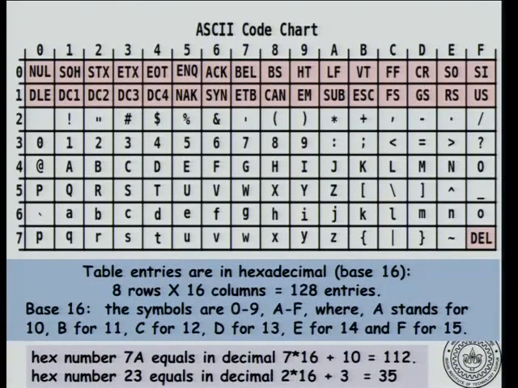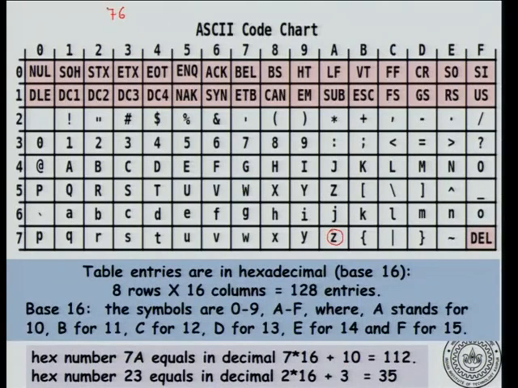So let's look at what the number 7A represents. 7A is row 7, column number 10. That's the number I'm interested in. What does 7A represent? It means 7 times 16 plus 10. In base 10 notation, take the number 76, let's say.